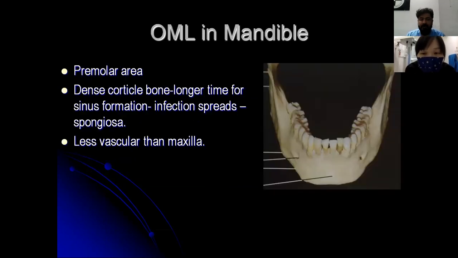In the mandible, in the premolar area, there is dense cortical bone, so longer time for sinus formation. The infection spreads, and there is spongiosa. So it is less vascular than the maxilla. Maxilla is more vascular.